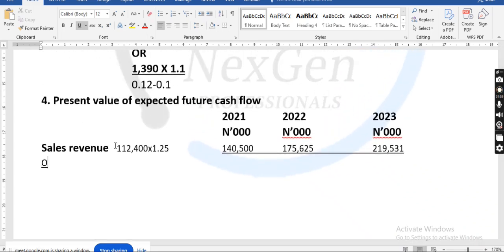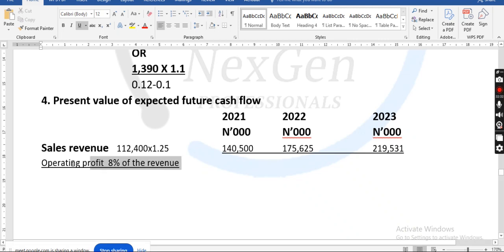So operating profit is 8% of the revenue.